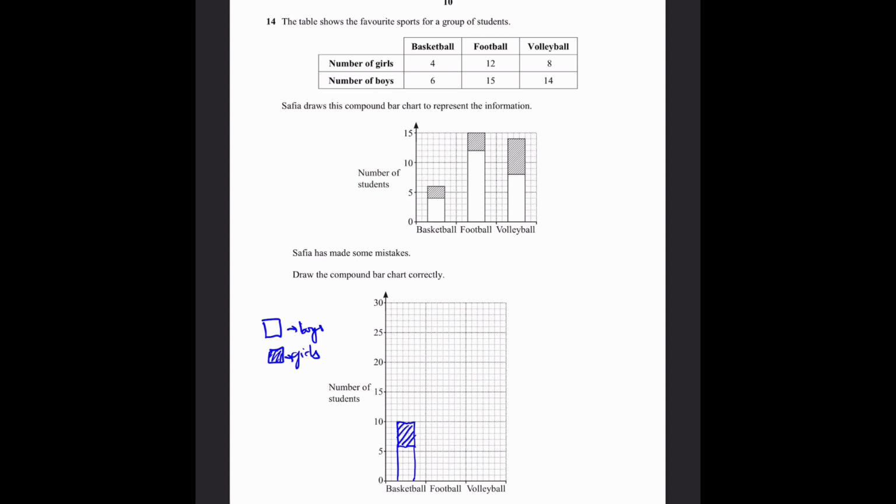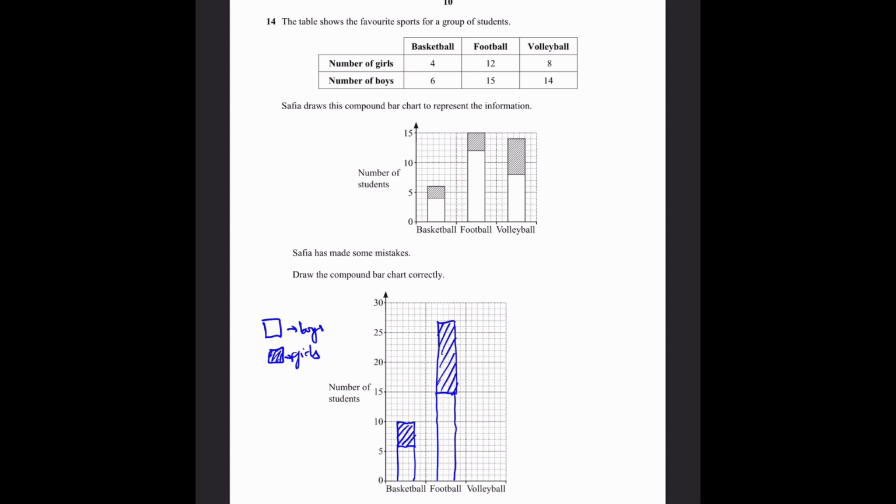And for football, we have 15 boys and 12 girls. So 15 boys will make the line go from here, and now 12 girls will be over here, and we need to shade that one like this. You can use any pattern you want for any of the bars.